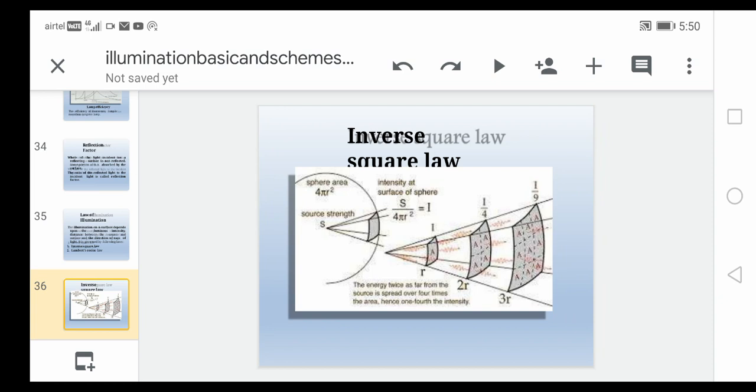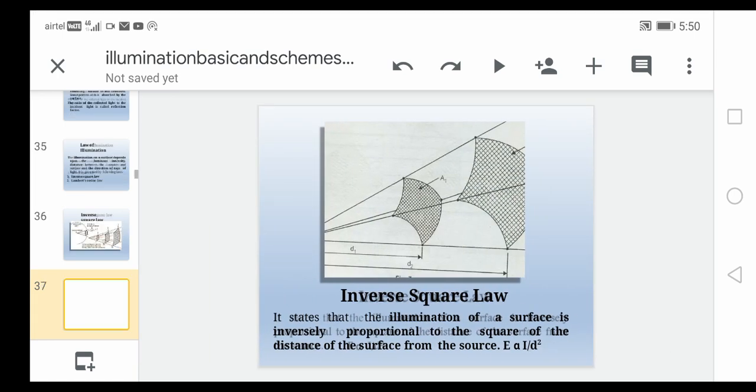This diagram shows the inverse square law. The inverse square law shows that as you move away from the source, the intensity of the light decreases.